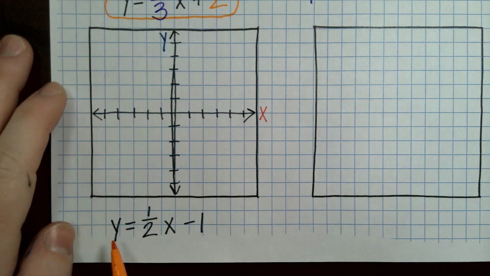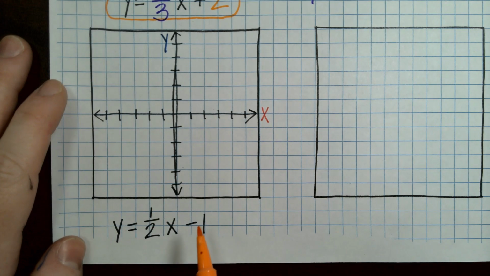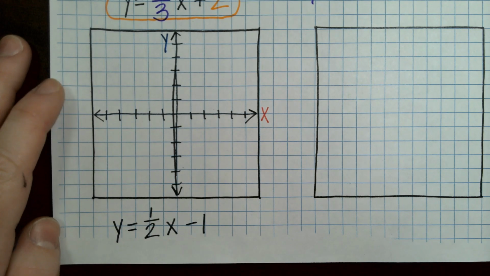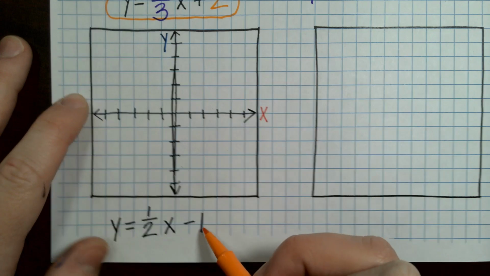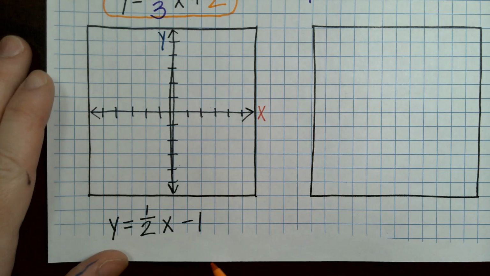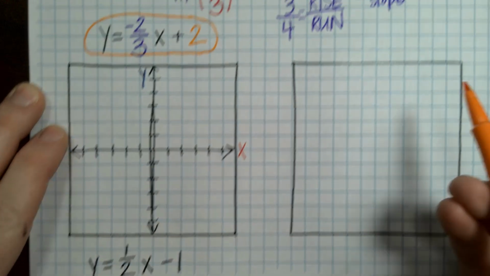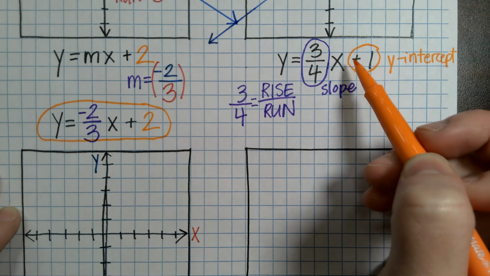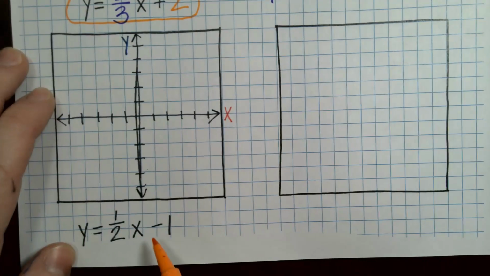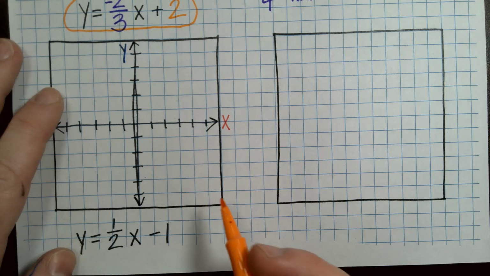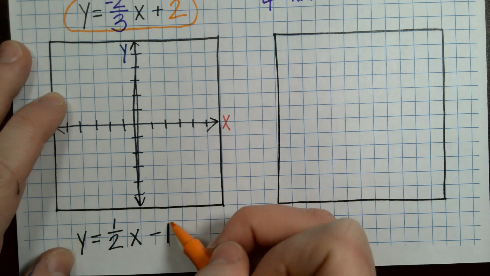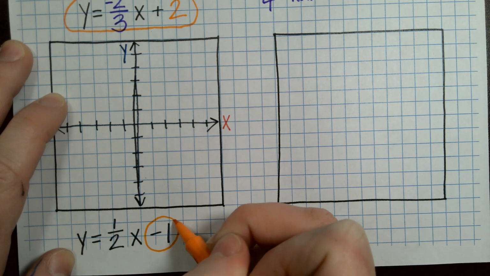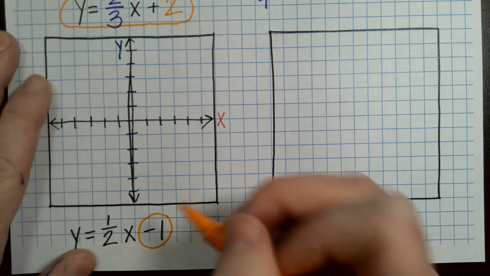First of all, what is our y-intercept going to be? I hear 1, I hear -1. So let's look back to this one. Our y-intercept was +1 when it was +1. So since we have a -1, it is going to be -1. So we want to pay attention to whether we have a plus or a minus for our y-intercept.